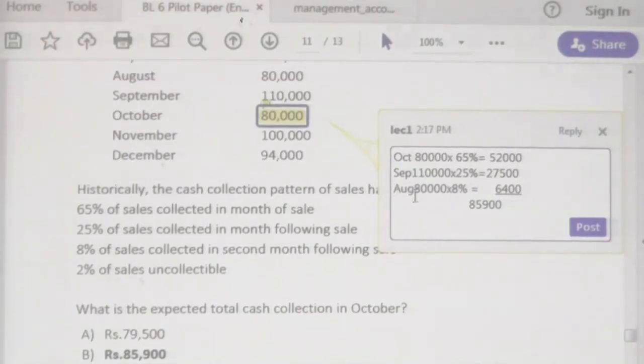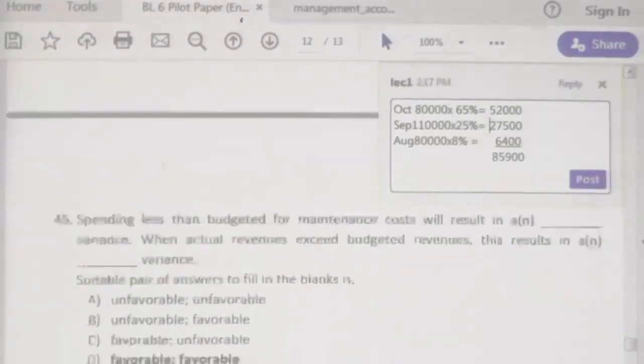That's how we have calculated the total collection for October as 85,900. This is the cash budget technique, right? You have to practice this more to answer this type of question in the exam. Let's move into question 45.